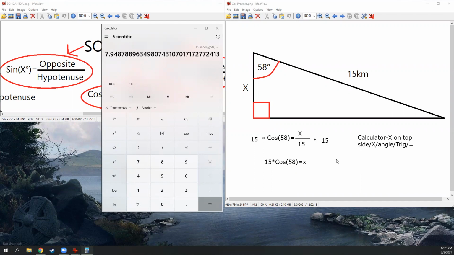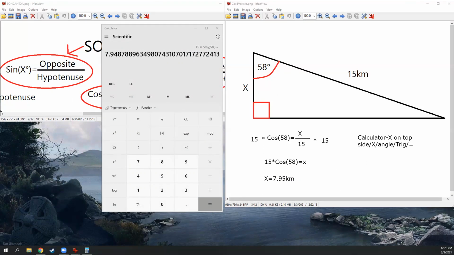X equals 7.948, which rounds to 0.95 kilometers, yeah, there you go. And again, math checks out. X couldn't be larger than 15. 15's the hypotenuse, the largest side of the triangle. X would be smaller than that. So that checks out.